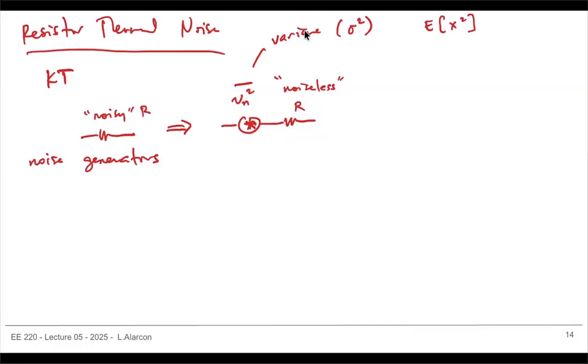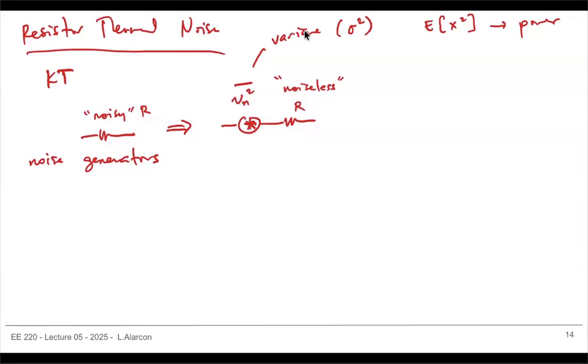So we're talking about variance, and that actually gives us power. It's now voltage or current squared, and that gives you the mean square or the noise power. Voltage noise or current noise, the same. So you get V squared or I squared. But we write it out this way, and we'll expound on this in a bit.